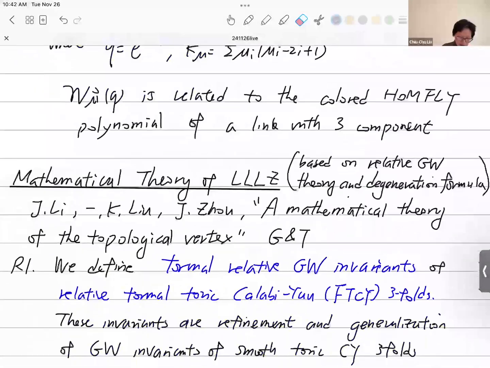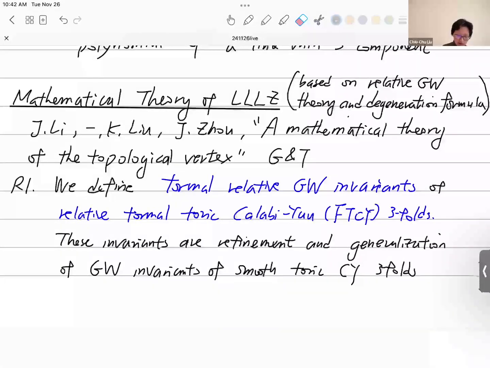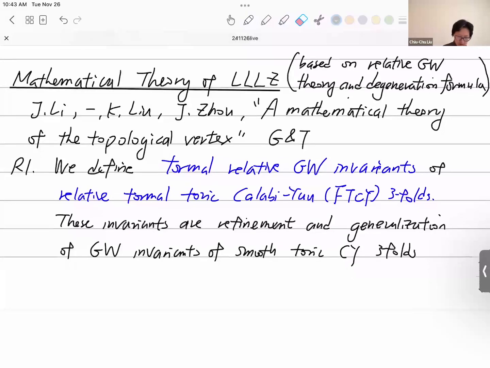So we developed a mathematical theory. This is Jun Li, Kefeng Liu, Jian Zhou, and myself. We developed a mathematical theory of the topological vertex based on relative Gromov-Witten theory and the degeneration formula, corresponding to their O1, O2, and O3.